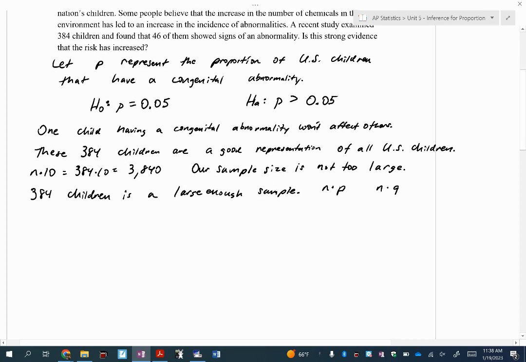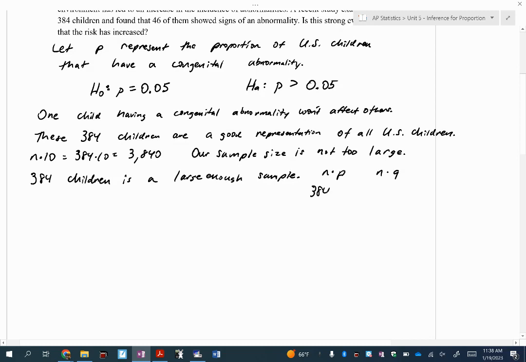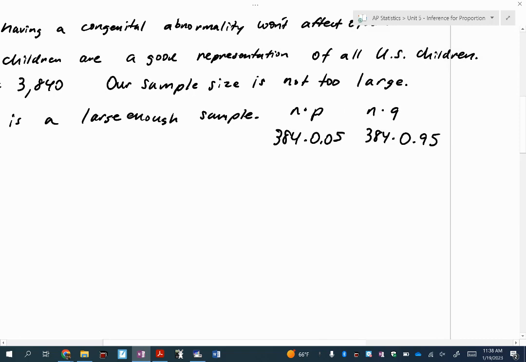So 384 times 0.05, and then 384 times 0.95. And just to be clear, I know I'm saying a child diagnosed with a congenital abnormality is a success. I would argue that is not true, but for this problem, it is. Okay? So who's got 384 times 0.05? 19.2.